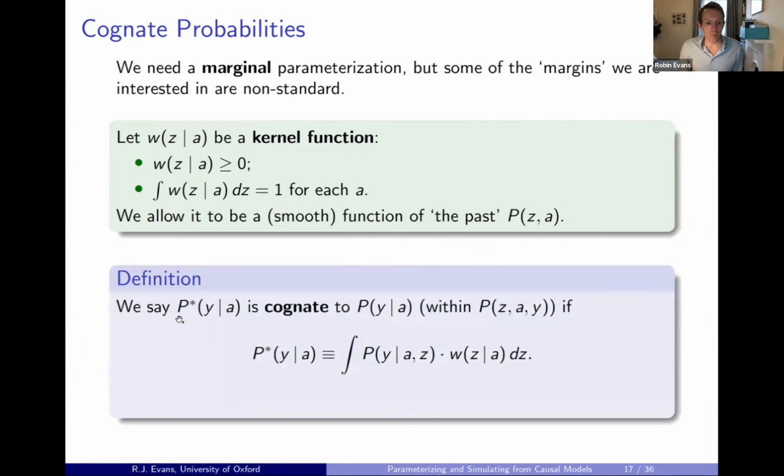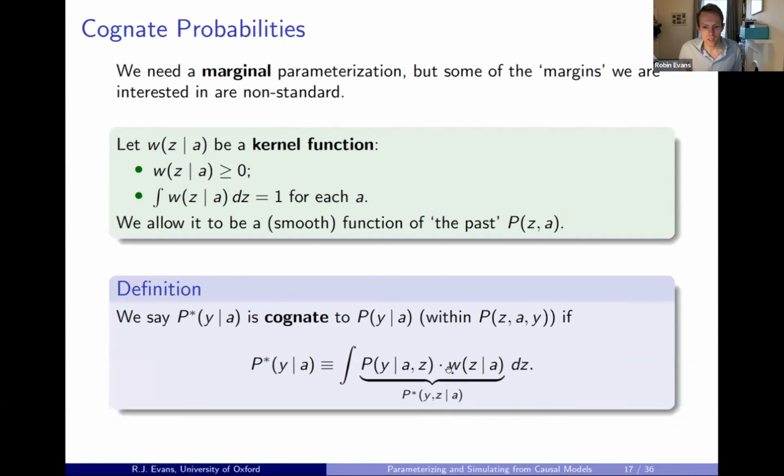And then we're going to say that a probability distribution P star of Y given A is cognate to P of Y given A within our joint distribution over all the variables, if you can write it as an integral over the full conditional of Y given the treatments and the covariates, multiplied by a kernel function that satisfies the conditions up here, and then integrating out the covariate values. And then this product here implicitly becomes our P star distribution.